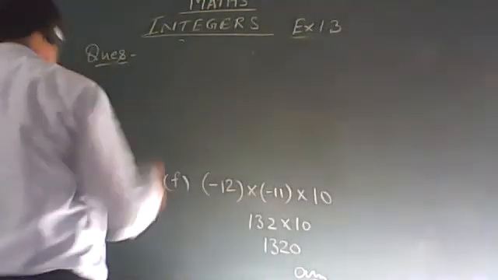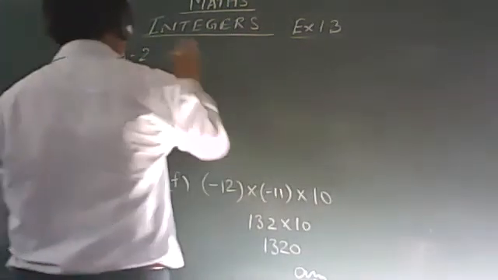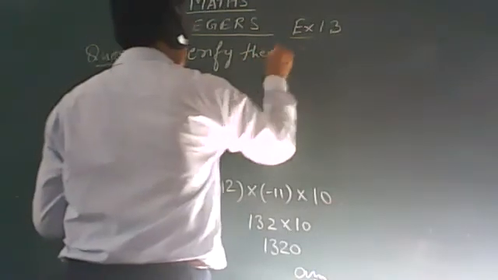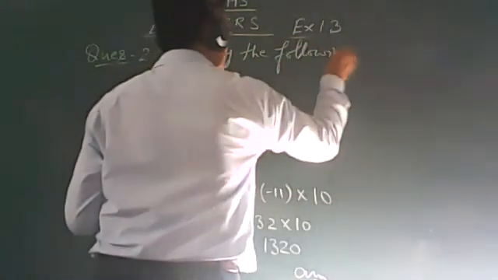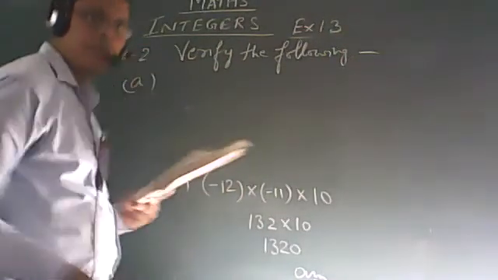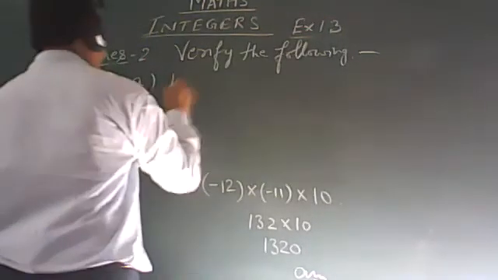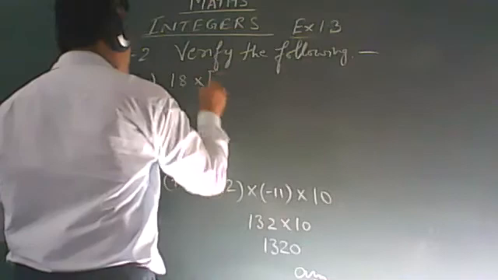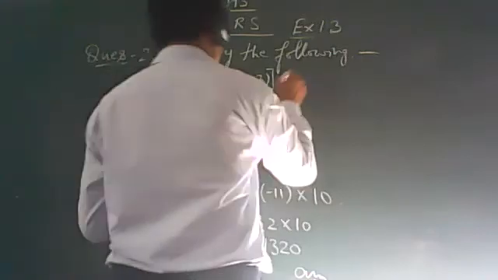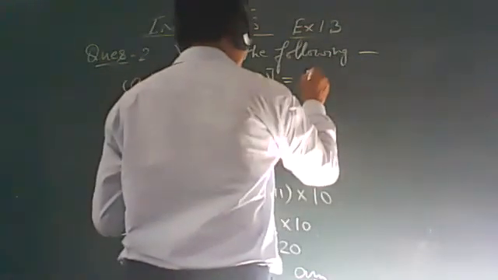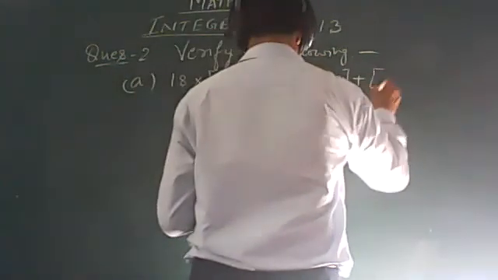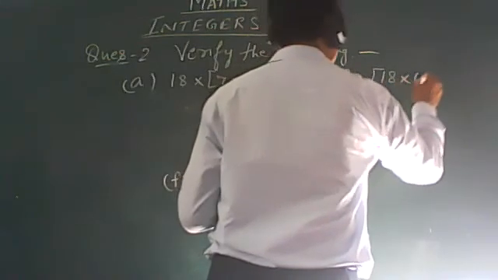Now, question number 2: verify the following. I solve part A, and part B you have solved. 18 into 7 into minus 3 equals 18 into 7 plus 18 into minus 3.